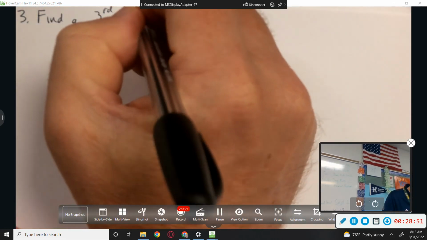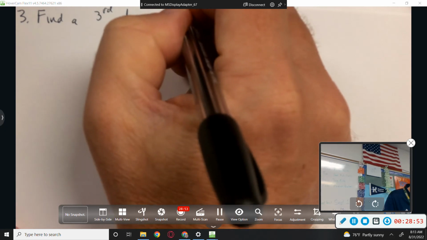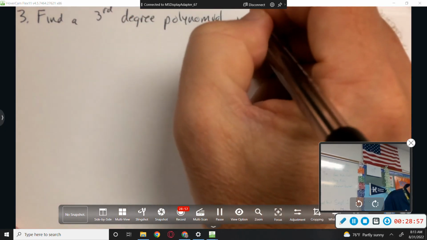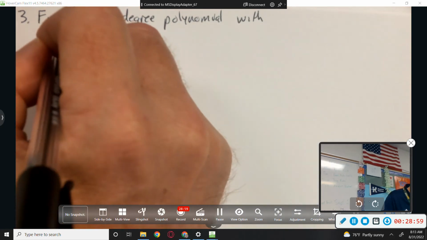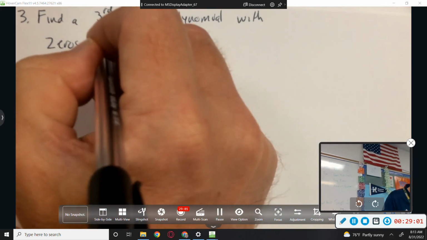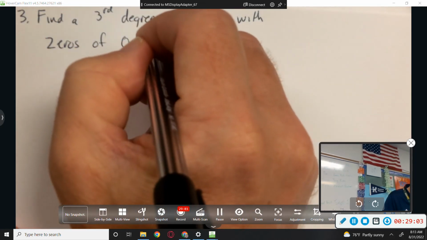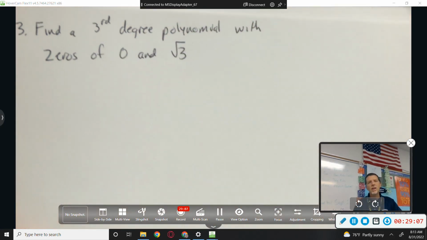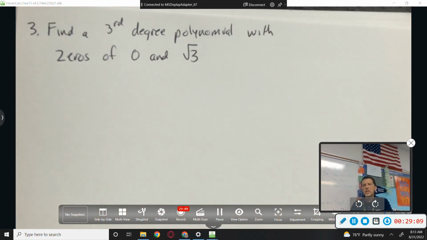Find a third degree polynomial with zeros of 0 and square root 3. Third degree polynomial with zeros of 0 and square root 3.